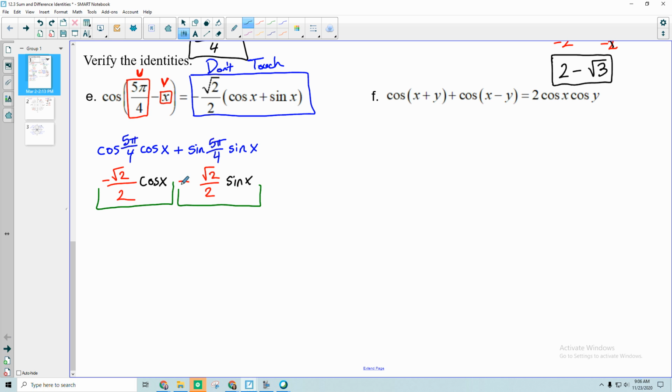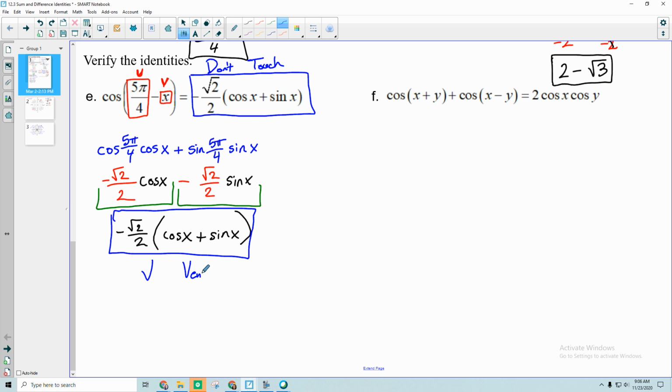If I take the GCF of negative square root of 2 out of this term, I'll be left with cosine x. If I remove it from this term, I'll be left with positive sine x. Okay? So there we go. That's what I wanted this to look like, and I have verified this identity.